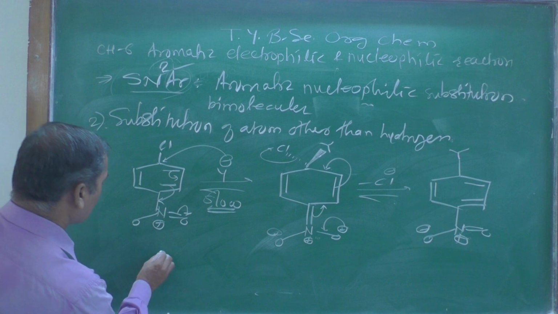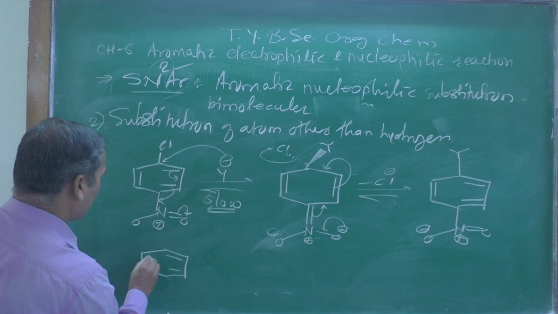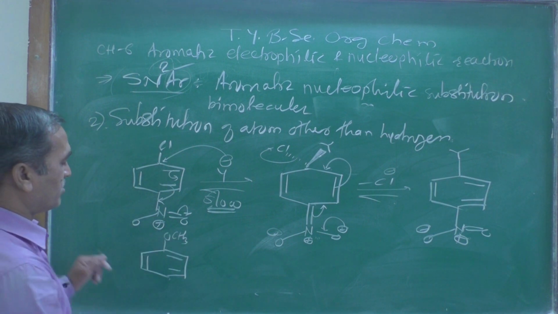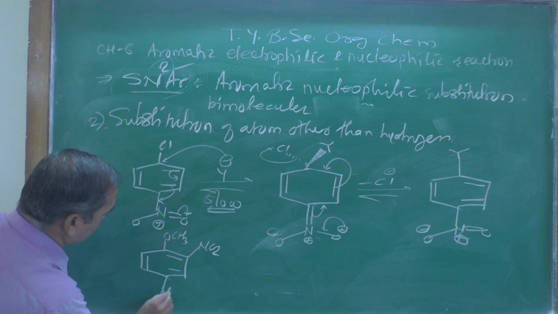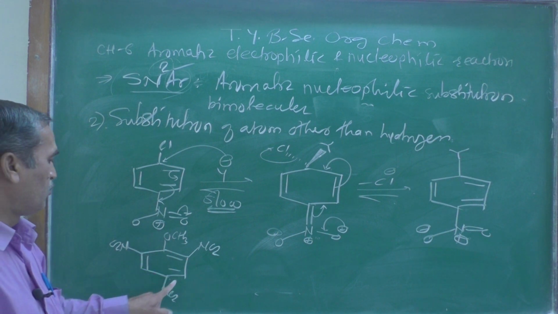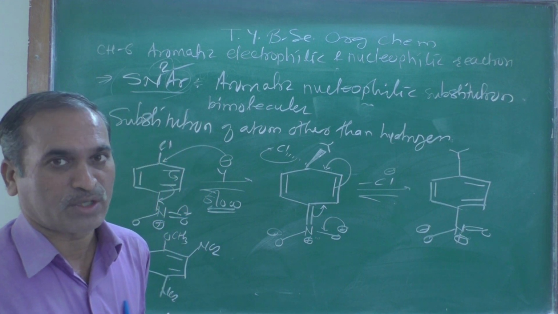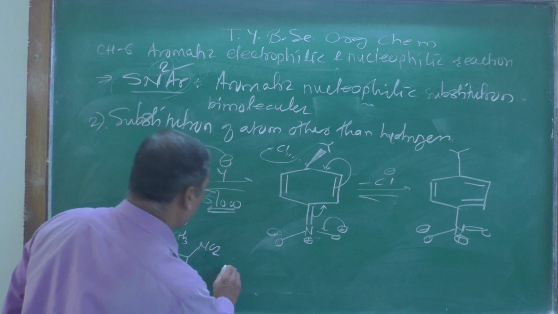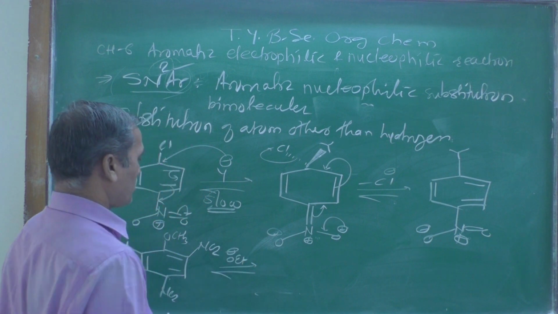Suppose we have this compound, methyl ether meaning anisole type, OCH3, and I am putting three nitro groups, NO2 and O2N, at the 2, 4 and 6 positions. That is 2,4,6-trinitroanisole, the name of that compound. Suppose it is treated with ethoxide, what is going to happen?